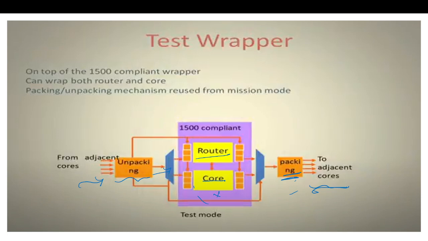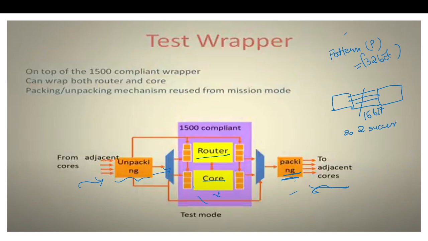And say I have a pattern P of say 32 bits, which is connected between these two, and we have a link which is just 16 bits. So we need to do two successive transfers.